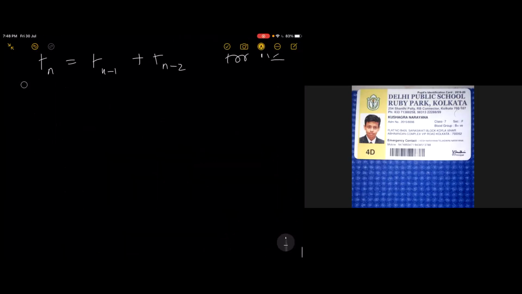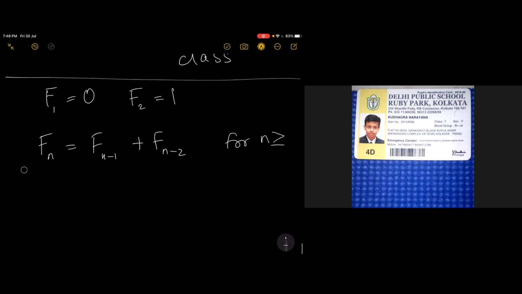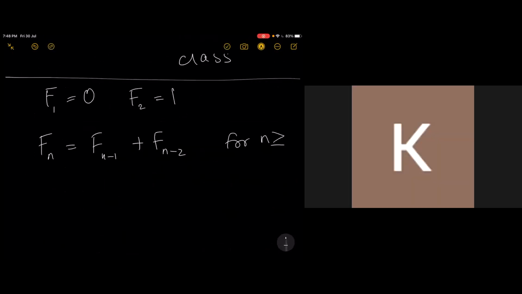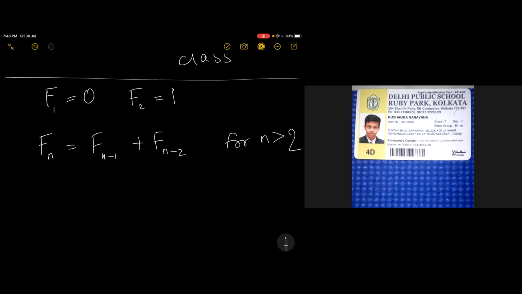Sir, that's greater than or equal to 2? Greater than 2, not equal to 2. Yes, sir. So it's greater than.